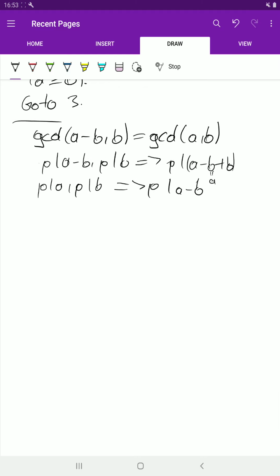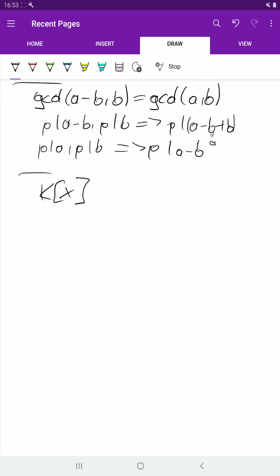Okay, so now let's take another setting. Let's look at a polynomial ring. So let's say we look at k of x, where k is a field. And now we wanna adapt this algorithm to this setting. So let's say we have f and g in this polynomial ring.